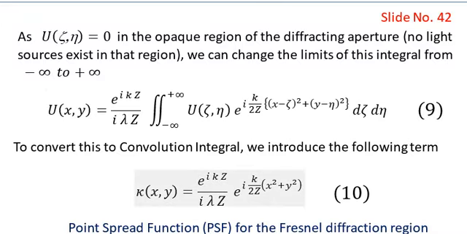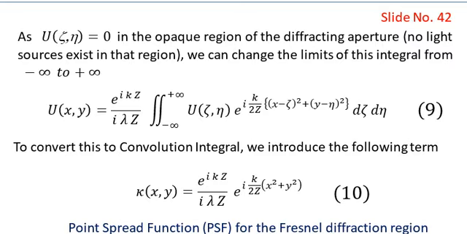So under that condition the formula was derived, and the formula in equation number 9 is extending from minus infinity to plus infinity, including both opaque region and the clear aperture. So equation number 9 is actually the true formula, which we can say is the Fresnel diffraction formula.